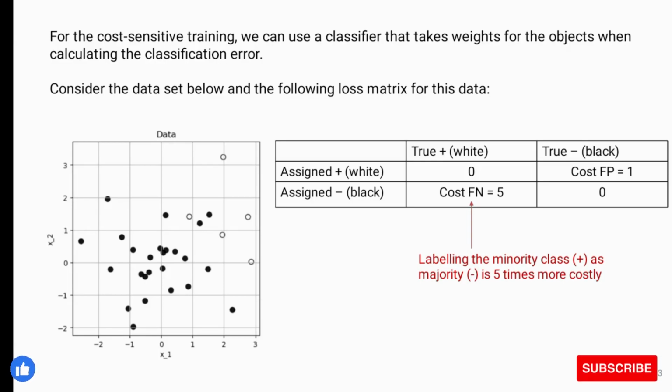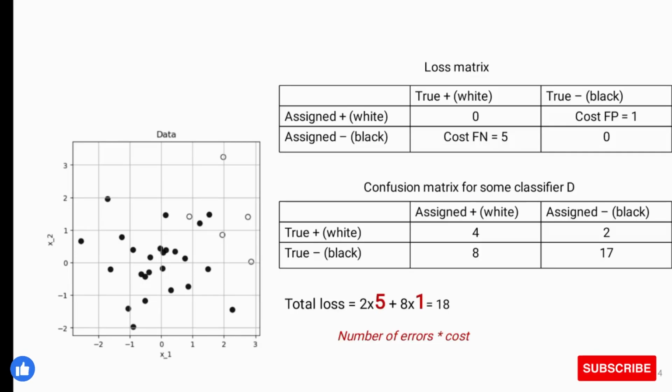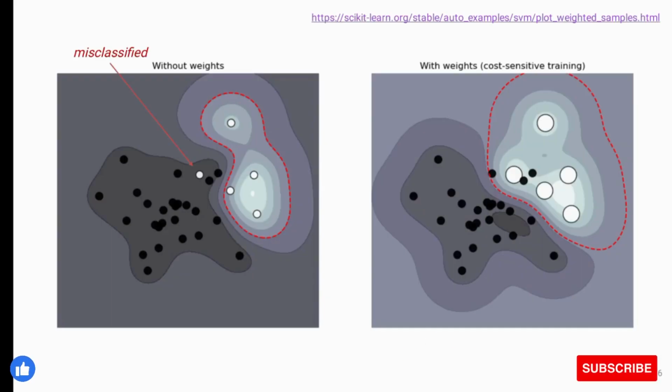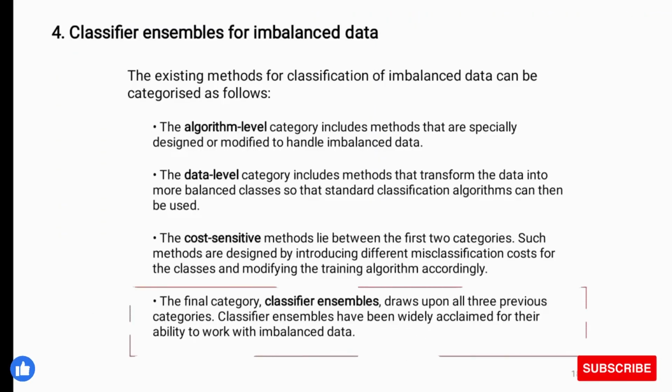Labeling the minority class, the plus, as negative is 5 times as costly. So this time the assigned is in the right place. But I've been nasty, haven't I?